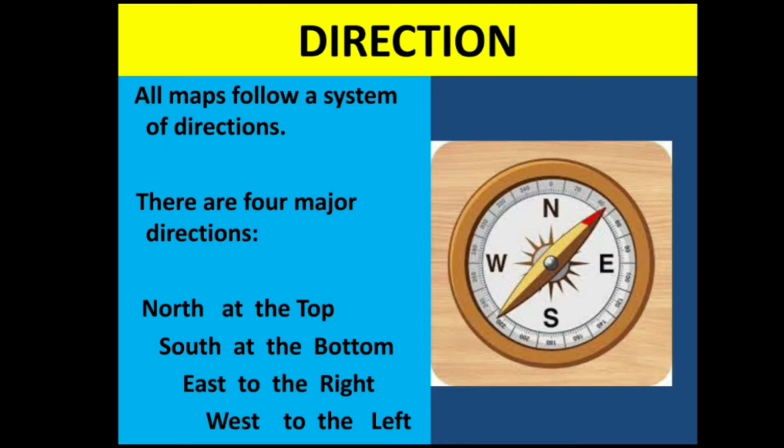Then second is direction. All maps follow a system of directions, which means there are four major directions which all maps follow. North direction is always at the top of the map, south direction always at the bottom of the map, then towards the right of the map will be east direction, and towards the left will be the west direction.